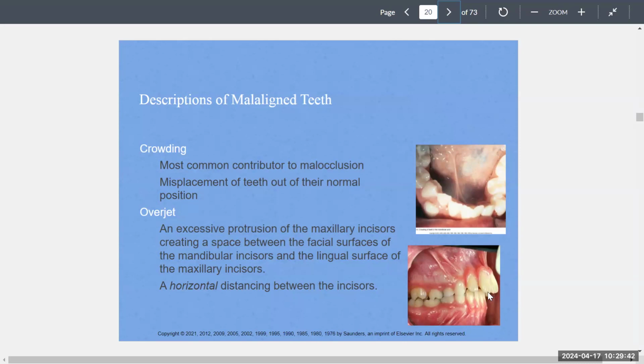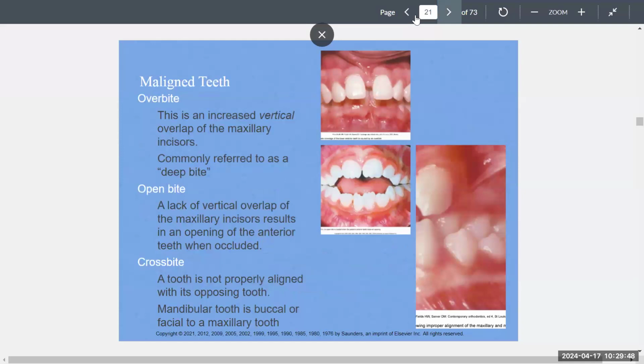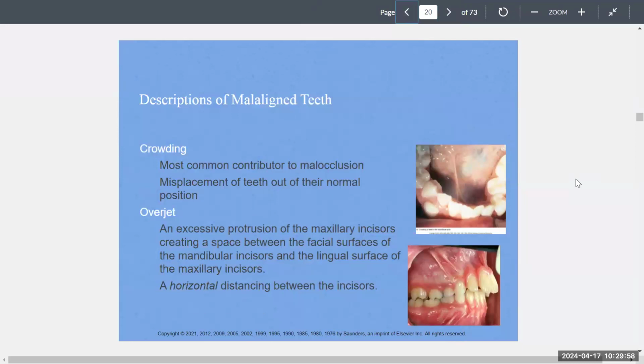Okay, so you do see some horizontal distancing between the incisors. And then you have what's called an overbite. An overbite is when you want to look at the vertical aspect in between these two teeth. In overjet, we looked at the horizontal aspect from the side.